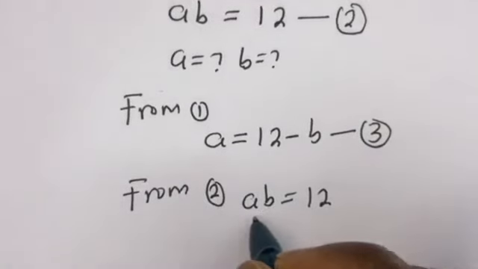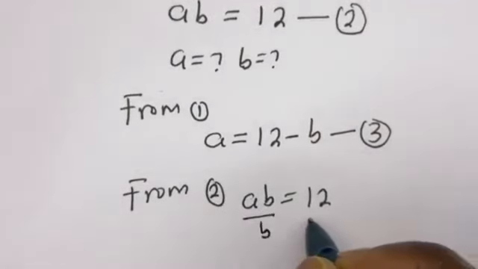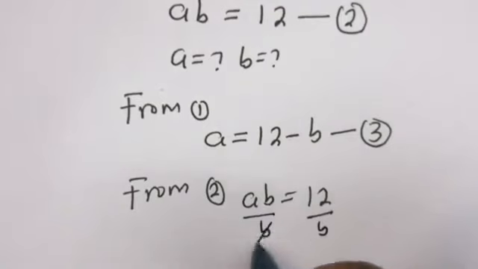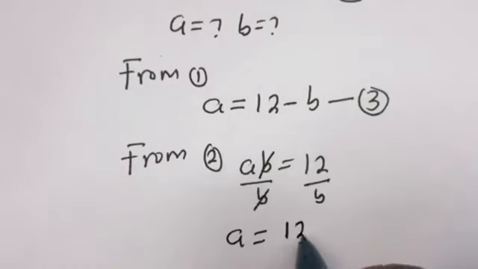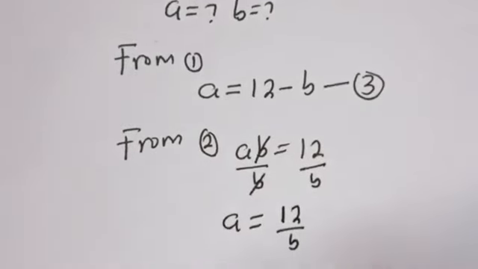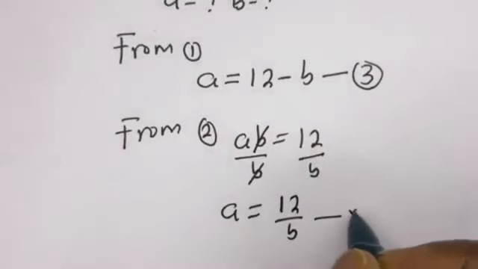Let's divide both sides by B. This will cancel this. A is equal to 12 divided by B. Now, let's call this equation star.